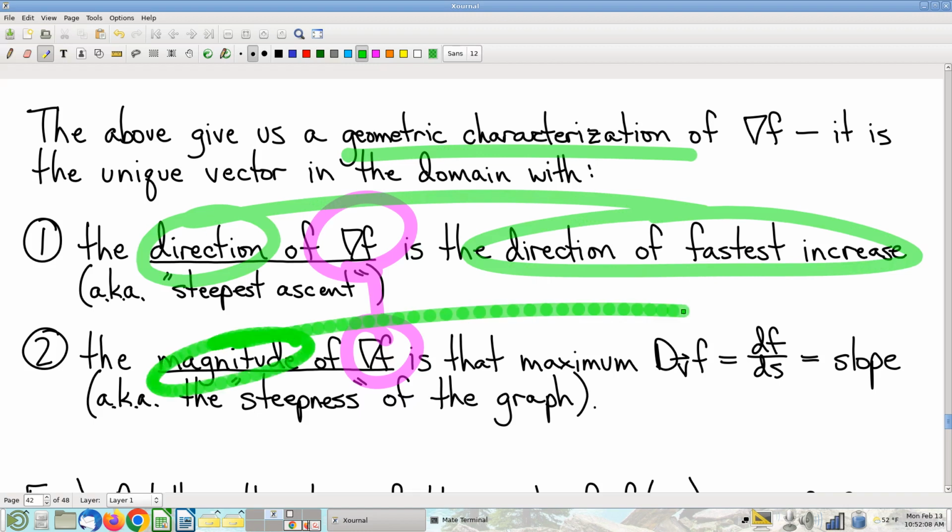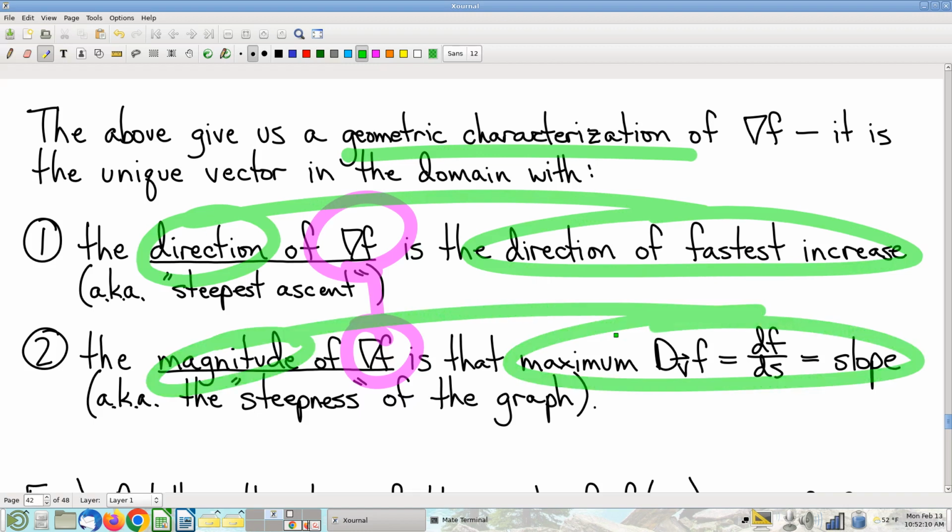The magnitude is how steep the mountainside is, from the graph point of view; that is, the maximum rate of change. A purely geometric characterization of the gradient. So now we no longer have to think of the gradient as a notational convenience. Now it's a natural thing, and we should probably primarily think of it in these terms going forward. Is everybody on board? Does everybody see what I'm talking about? All right.